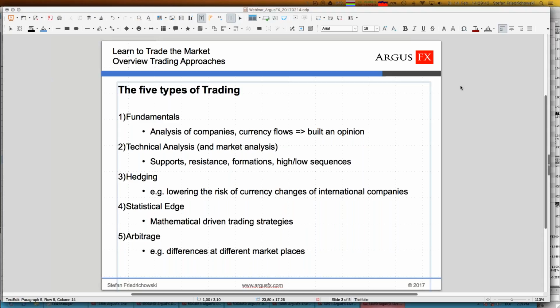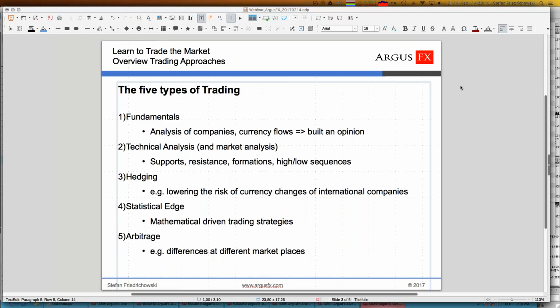So keep always in mind that most of the Forex trades have to do with hedging activities. So it's not the way you may personally trade, only if you think about, hey, I want to have holidays in the United States and I have a specific opinion about euro, US dollar, then you might even open a long or a short position, or you might even exchange your money already today.